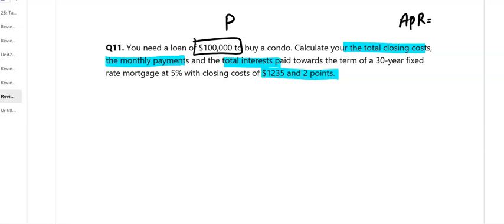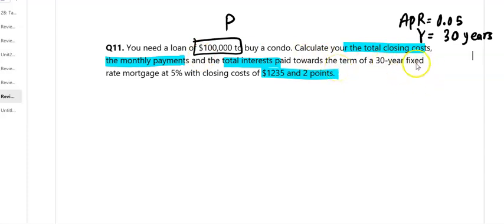The APR here is 5%, which is 0.05. The term, the time here, is going to be how many years? That's called Y. Y is 30 years fixed. And then you're paying monthly.